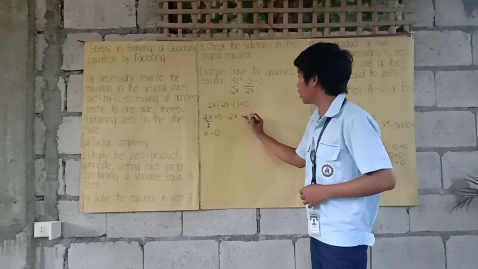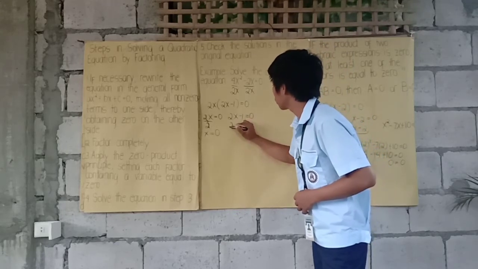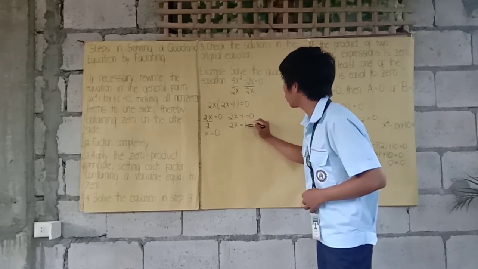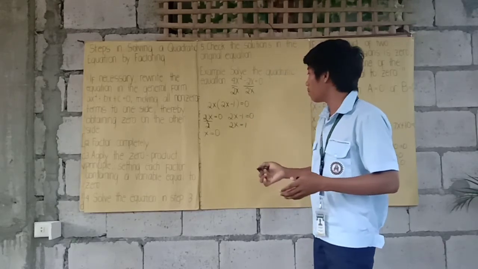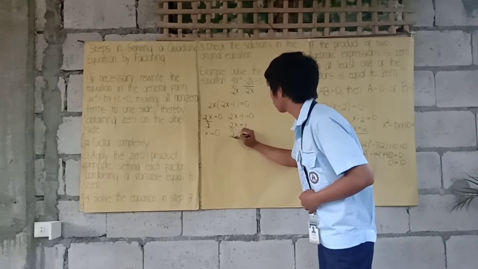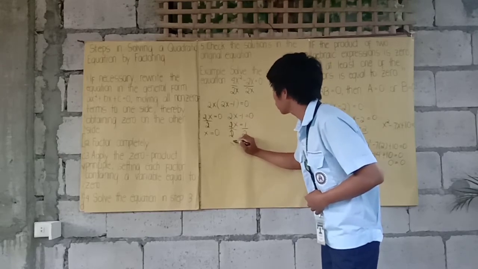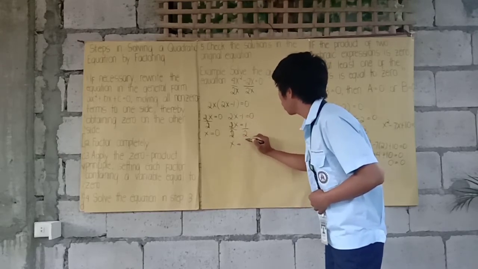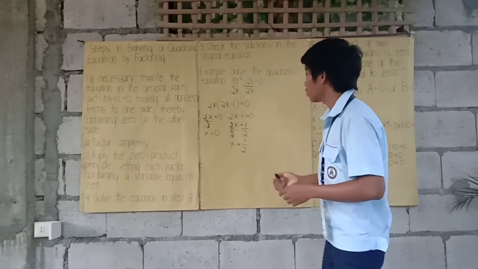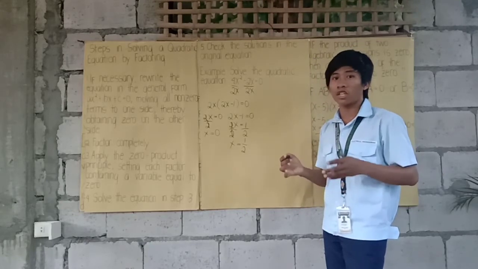Then, yung negative 1, ilipat natin sa right side. So, magiging 2x is equal to positive 1. So, divide both sides natin by 2. Then, cancel. So, x is equal to 1/2.